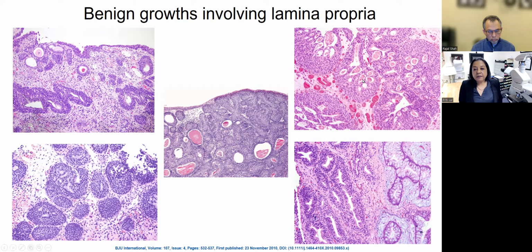But here is a side-by-side comparison where you can see, if you keep to the definition of well-formed trabeculae, you don't see those in exuberant cystitis cystica or von Brunn's nests. So again, we come back to the basics of the definition, that what is the basic growth pattern of these lesions.